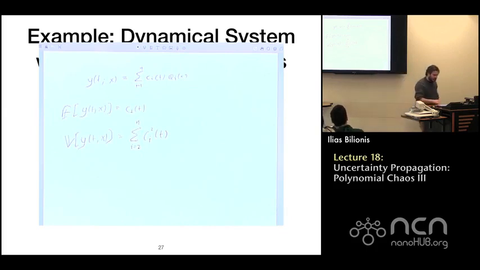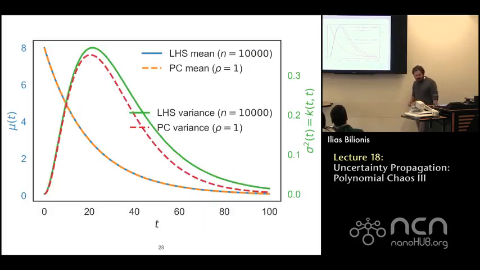Okay? Anyway, and here's how the solution looks, for example, when I do it for degree 1 polynomials. So I just use the constant polynomial and a line for the expansions. And I compare it to a Latin hypercube estimate of the same quantities.